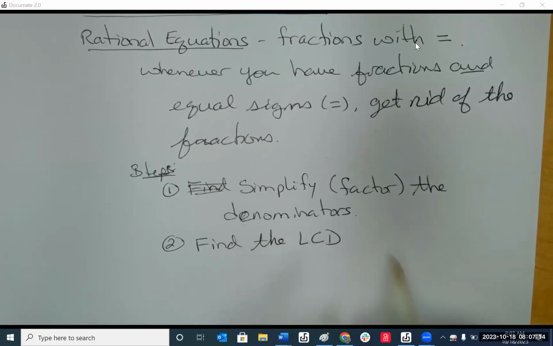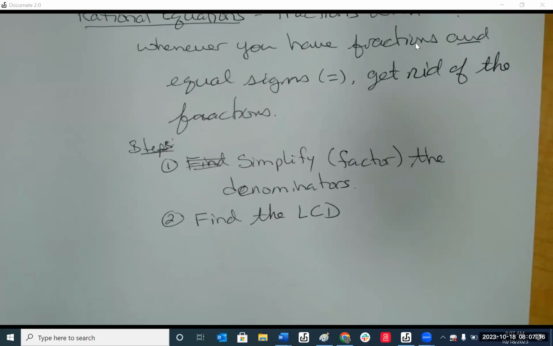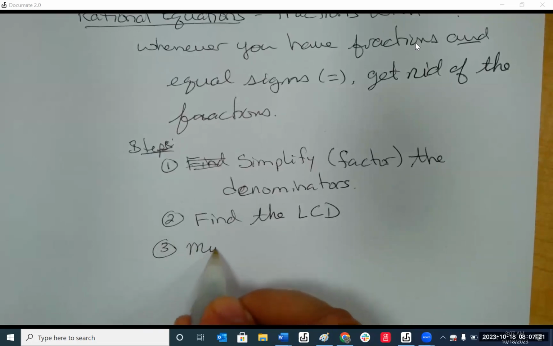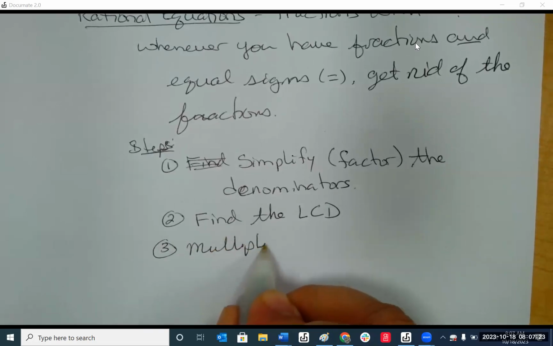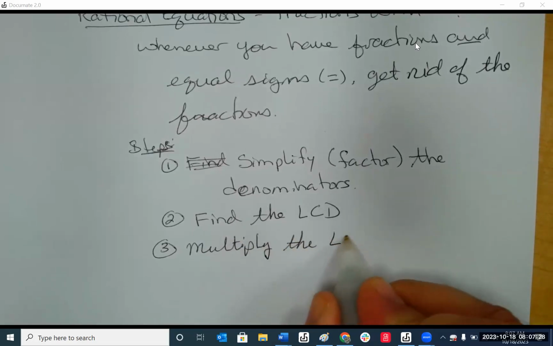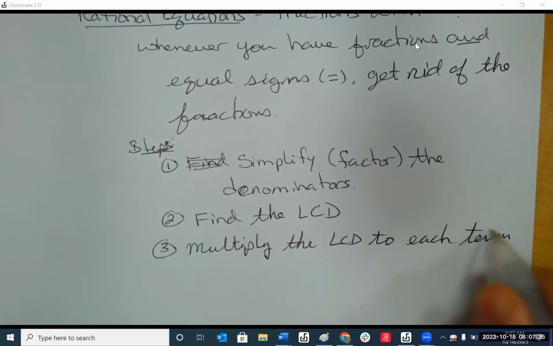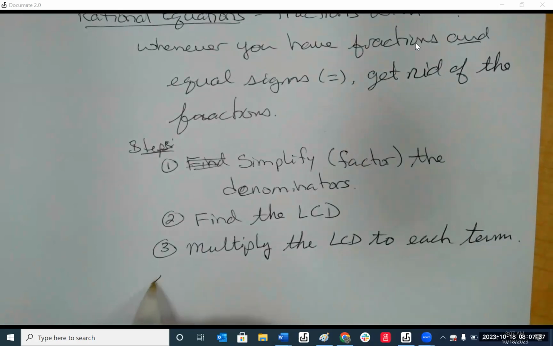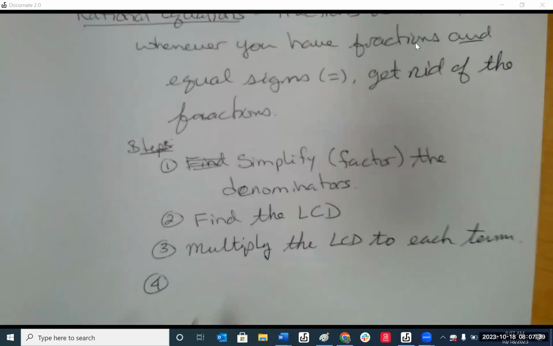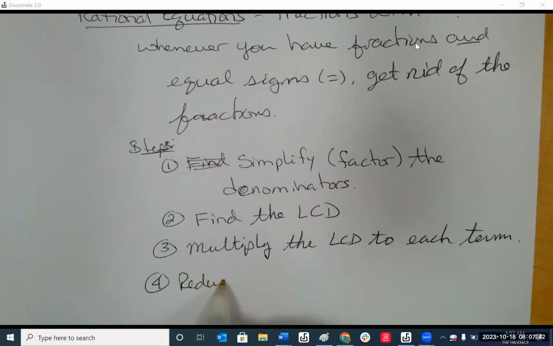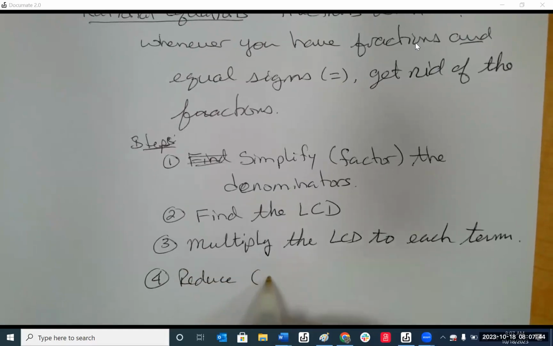Find the least common denominator of all the denominators. Multiply the LCD, the least common denominator, to each term. Reduce, or cancel.